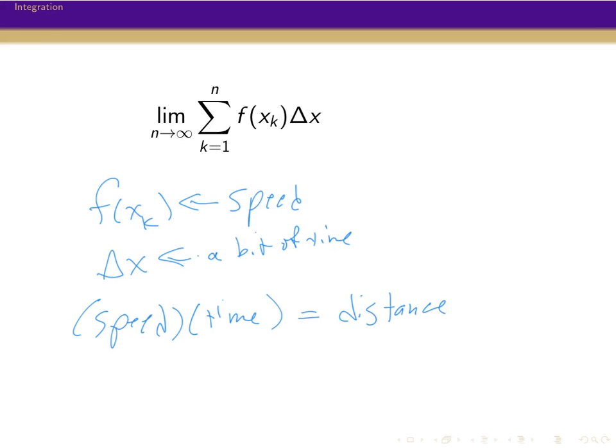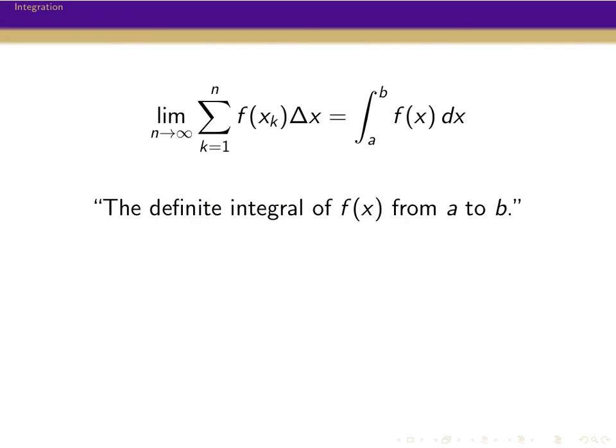And so rather than writing this out all the way, mathematicians, going back to Isaac Newton, developed a shorthand notation for this limit. The idea is this sigma has turned into this elongated S shape.